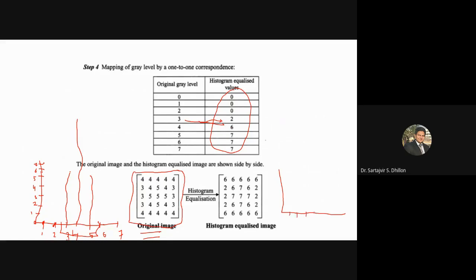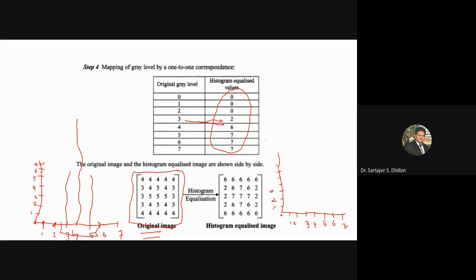1, 2, 3, 4, 5, 6, and 7. You can also write it here. There is 6 and 7, and this one is a 0. There is 1, 2, 3, 4, 5, 6, 7.